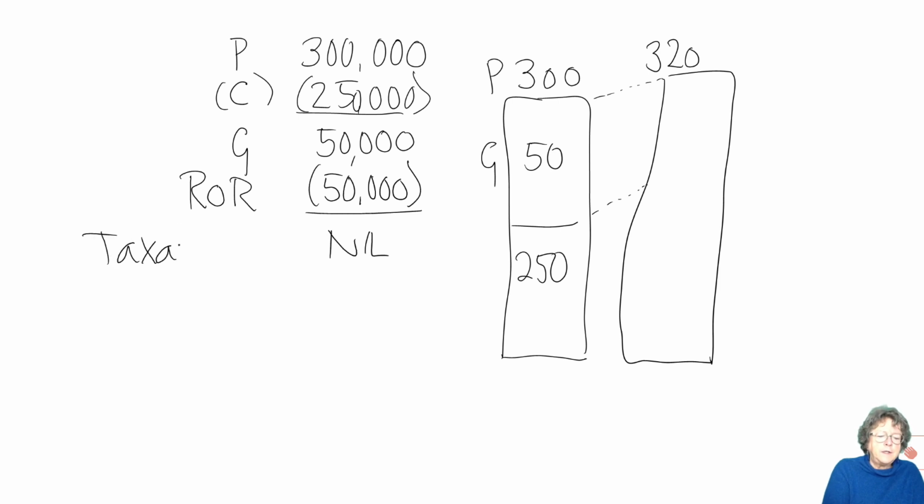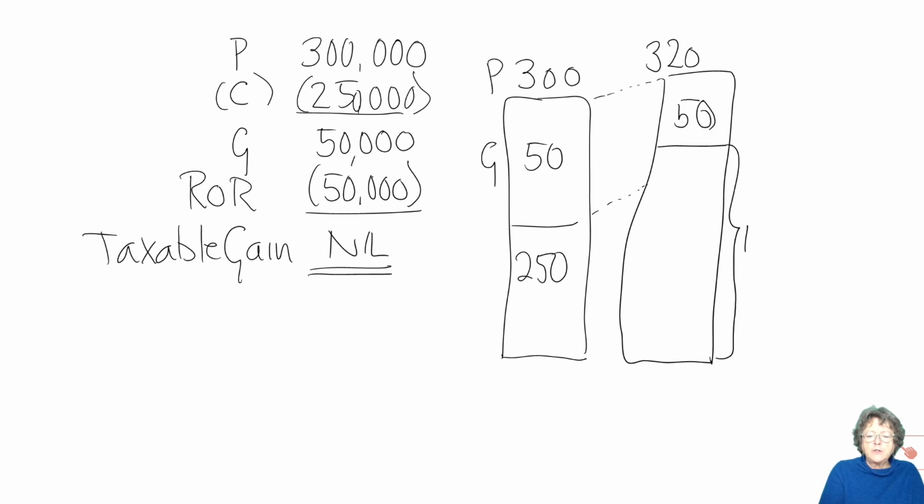At this time it is deferred. So the consequences are we now have a gain of 50,000 rolled over into here, which means the base cost of this asset is 270,000.